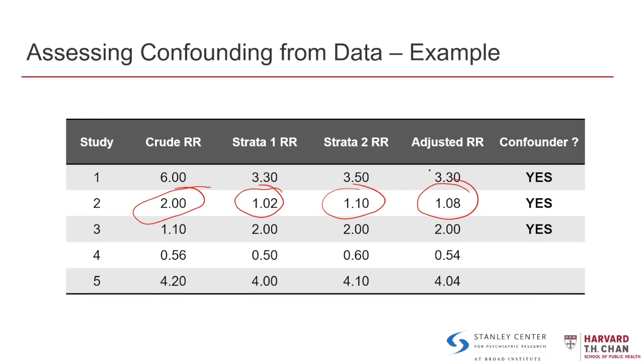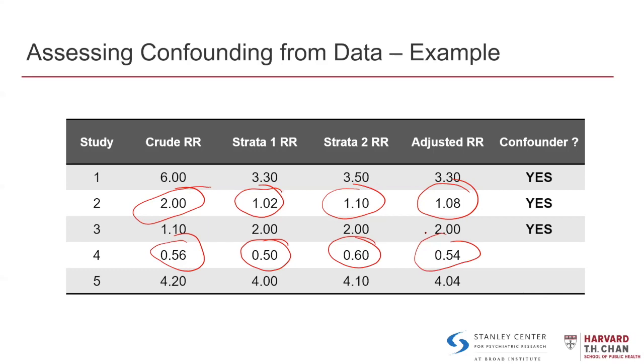Let's look at the last two. We can see that the numbers more or less look similar. The crude estimate is 0.56. The stratum specific is 0.5. The second one is 0.6, and the adjusted is nearly identical to the crude estimate.